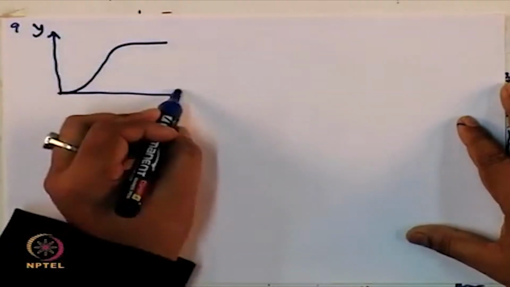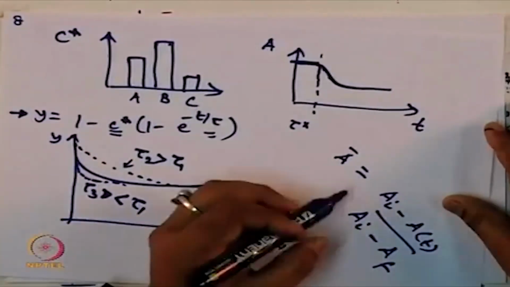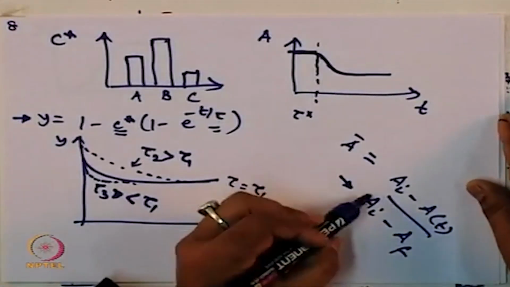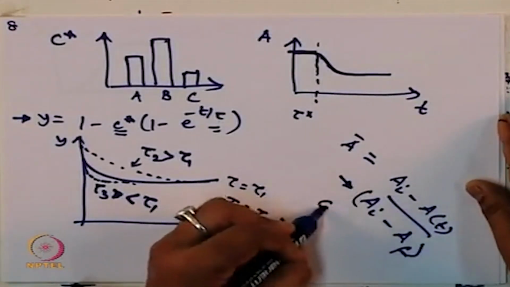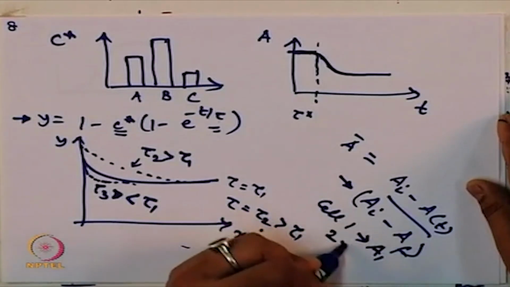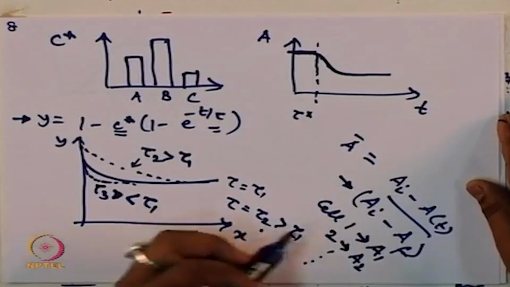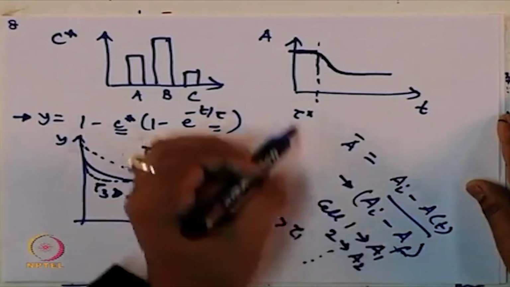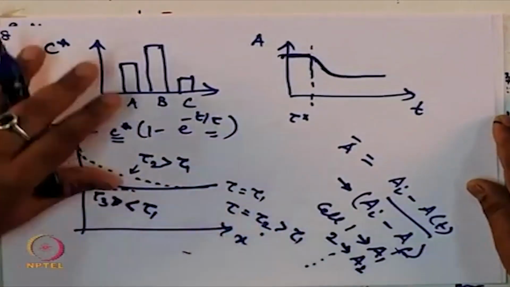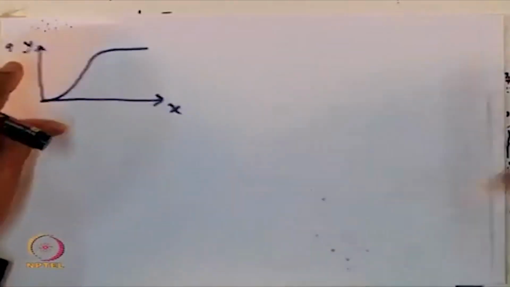This is y, this is x. So, once again, why do we need to do this normalization? This is because for cell 1 you might start from an initial area a1, for cell 2 you might start from an initial area a2, and so on and so forth. So, this normalization will make it independent of the starting area.